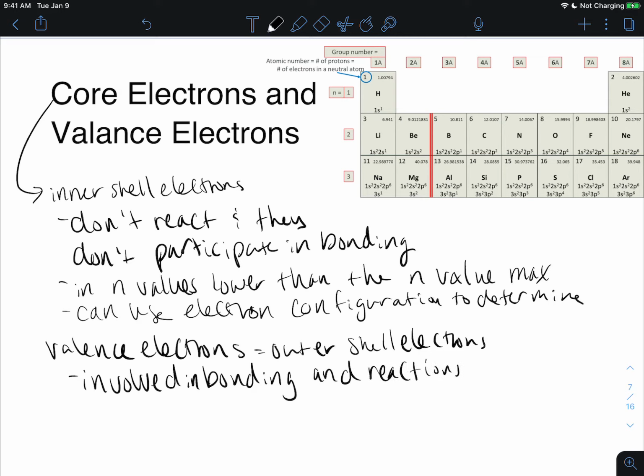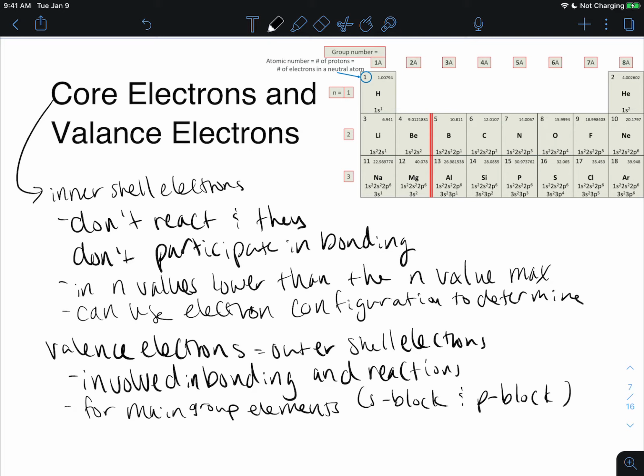So these are where all the chemistry is at. So for main group elements, so our s block and p block elements, this is going to be the electrons with the greatest n value.